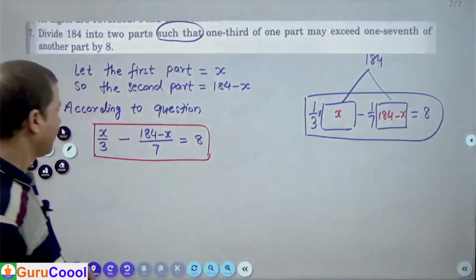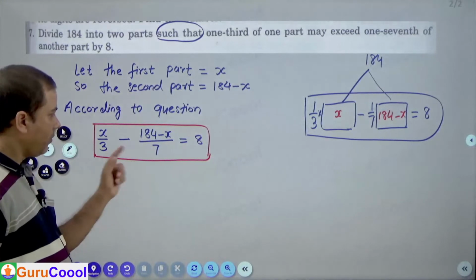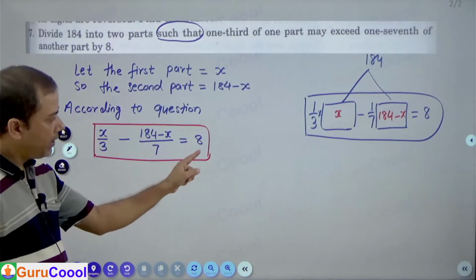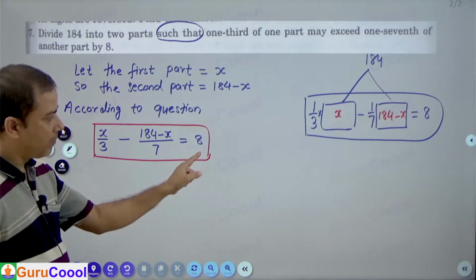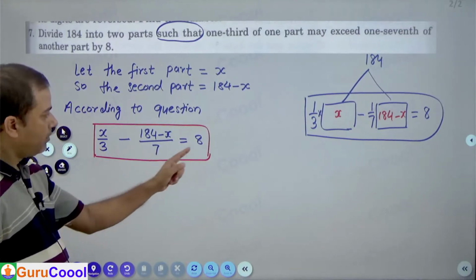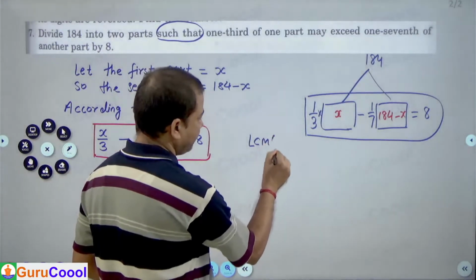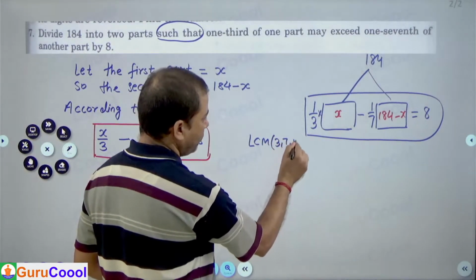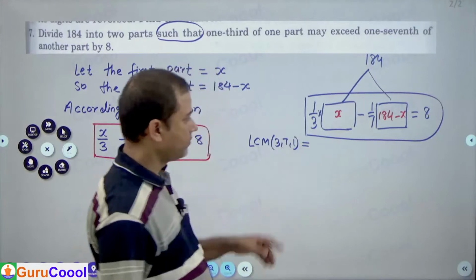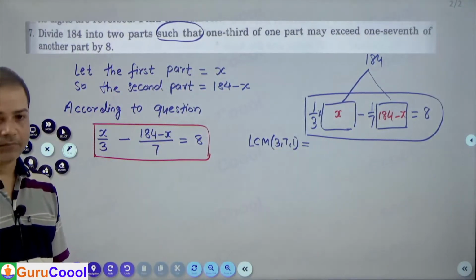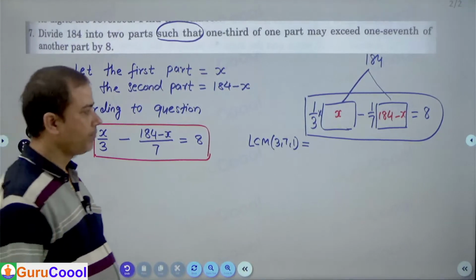So take the LCM of all the denominators: 3, 7, and here is nothing in the denominator, which means 1. 3, 7, 1. What is the LCM of 3, 7, 1? Sir, 21.